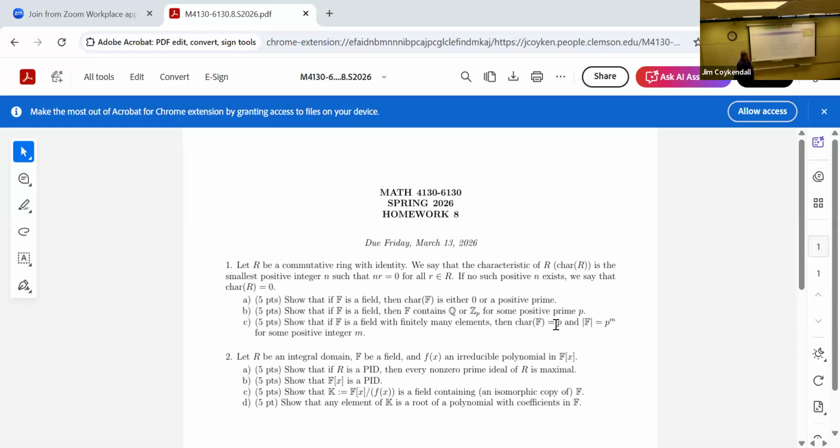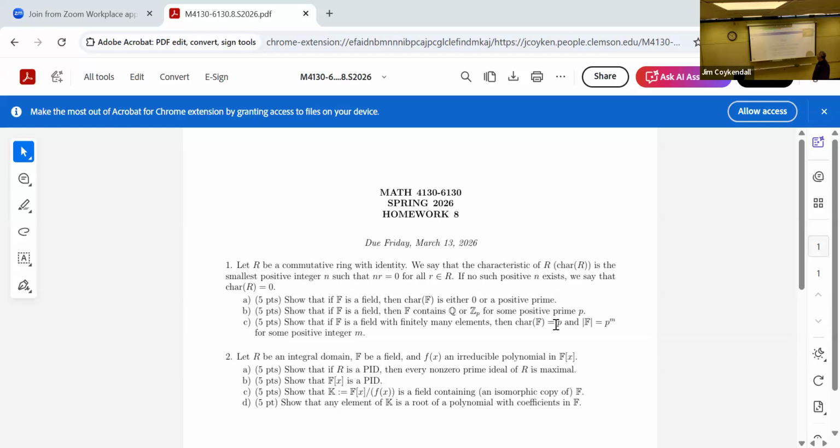Number 2, let R be an integral domain. Let F be a field, and f(x) an irreducible polynomial over F. That'll be important actually in later parts of the problem. Show that if R is a PID, then every non-zero prime ideal is maximal. Show that the polynomial ring F[x] is a PID.